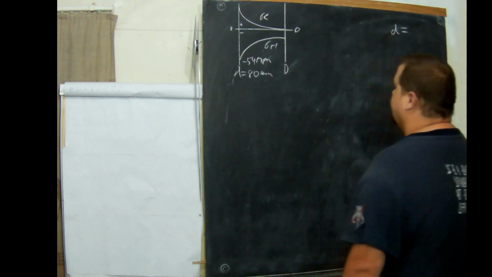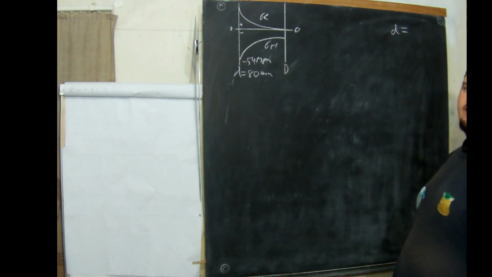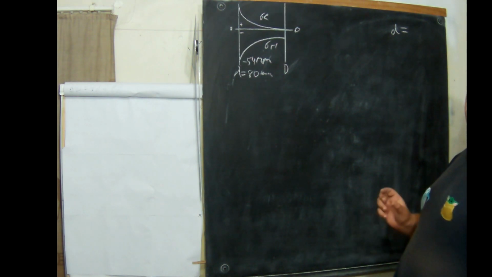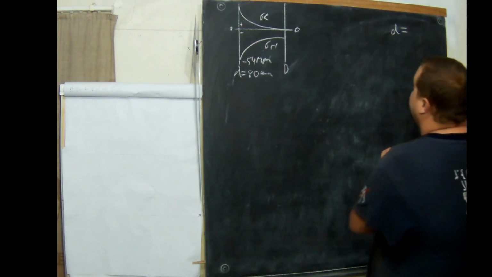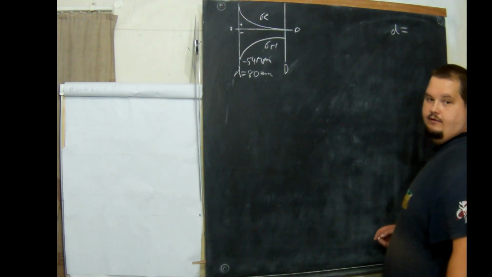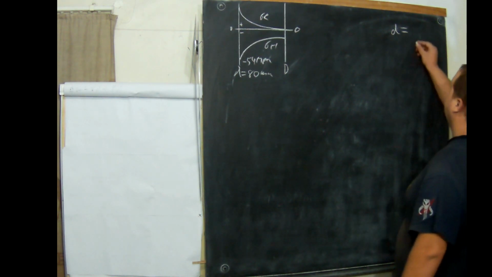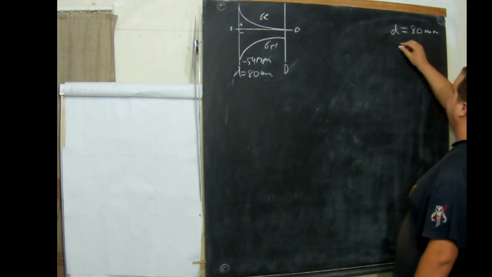What they want basically is a wall thickness for the first sum. So how we're going to do that is we're going to calculate D and then subtract d from it. So small d is 80 millimeters.